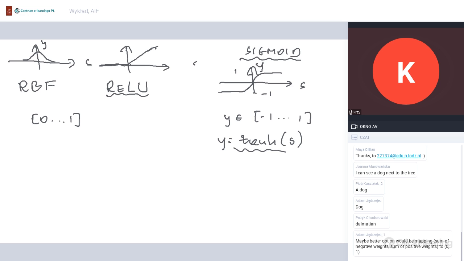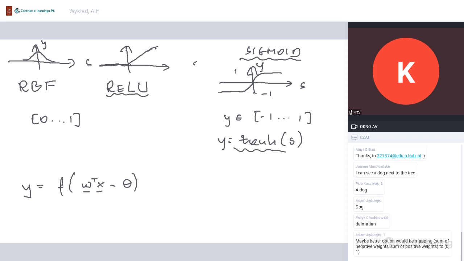And before I proceed, I will just make one more modification of a description of my neuron. So my neuron is described right now as a mathematical operation that transforms a dot product of its inputs and weights onto a scalar value.